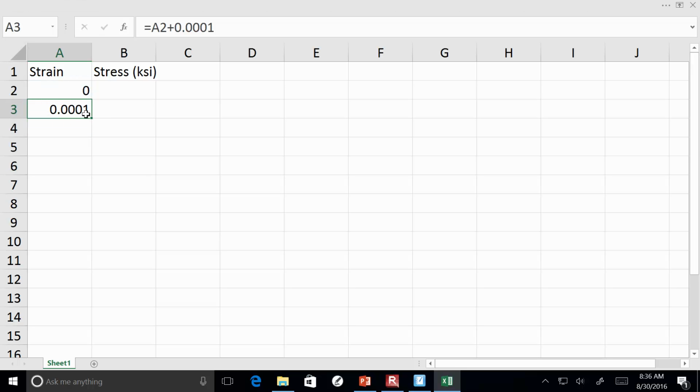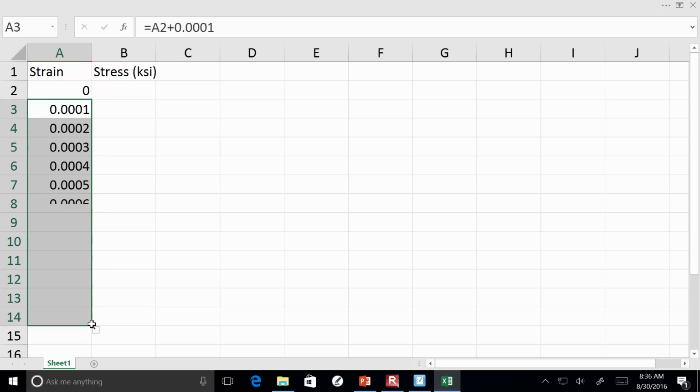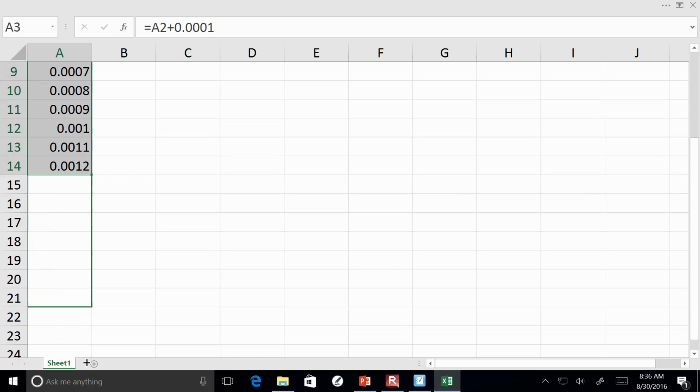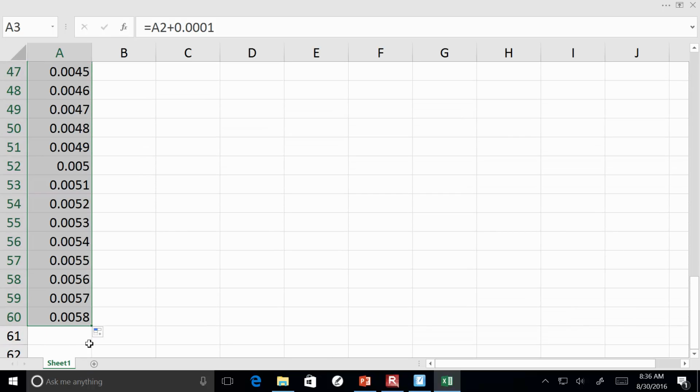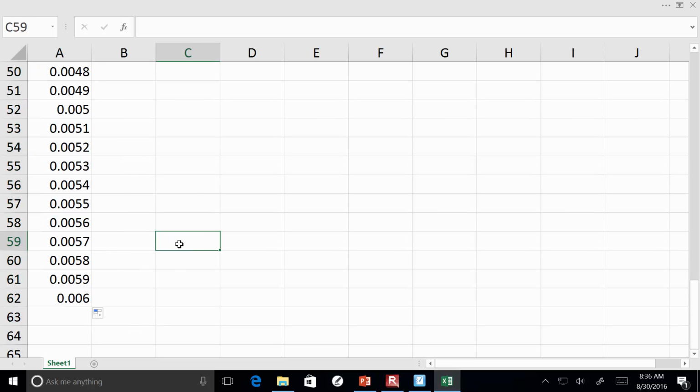So if I go through, and let's see if y'all remember this from Excel, see how I hover over here and I get that sort of black plus symbol right there, I can drag that down and it automatically fills those in. Let's drag that down a little bit, we'll go down to about right here. That's probably good enough for government work.